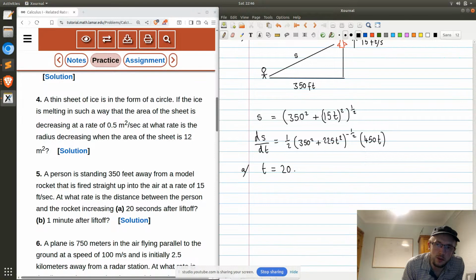And so what do we do then? Just literally substitute in 20. That's it. Seems a little bit too straightforward for this, but we'll see.